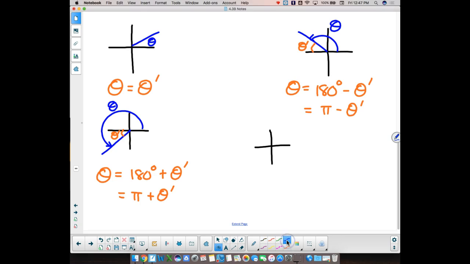If I am in quadrant number 4, there is my theta, there is my reference angle. So theta is equal to 360 degrees minus my reference angle, or 2 pi minus my reference angle.